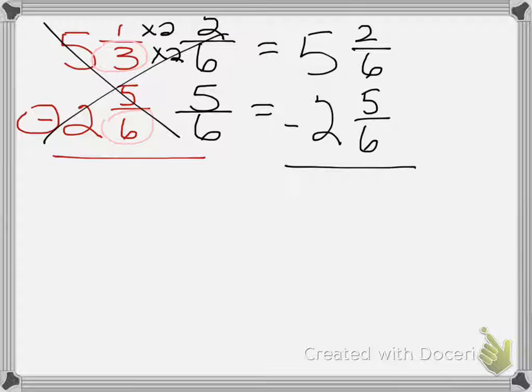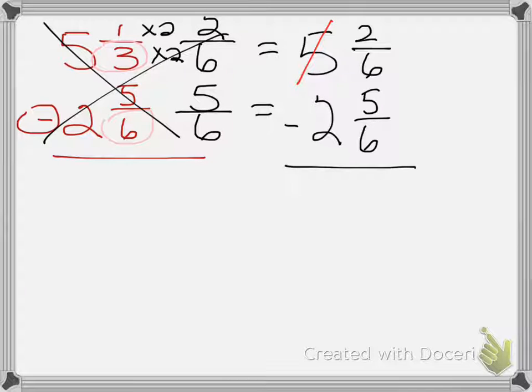Now, yes, I have a common denominator, but I can't subtract 5 from 2. 2 is smaller than 5. And that's where borrowing comes in, just like we do in regular subtraction. Well, what I'm going to borrow from is this wonderful little 5 over here. I'm going to borrow 1.